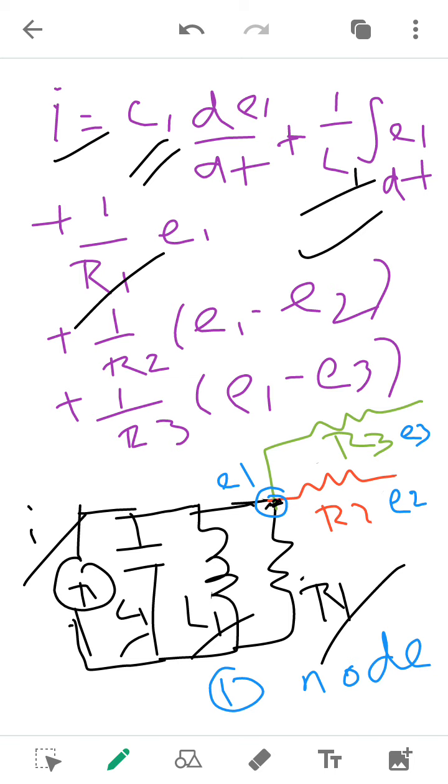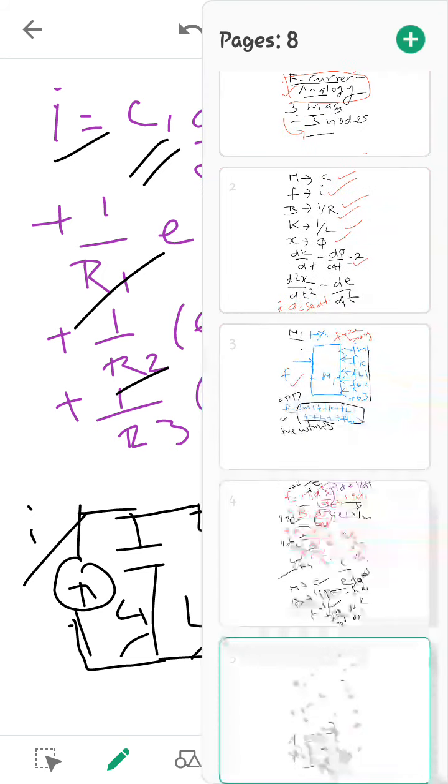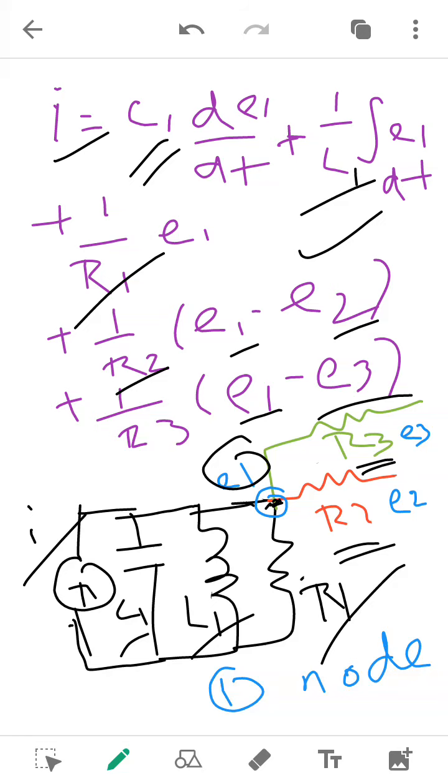This is your first node where the voltage is E1. And between the first and the second node, the common element is R2, that is represented here. Between the first node and the third node, R3 is common, that is represented over here. We have to proceed with the remaining two mass elements.